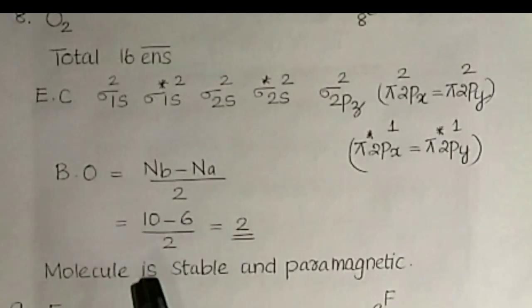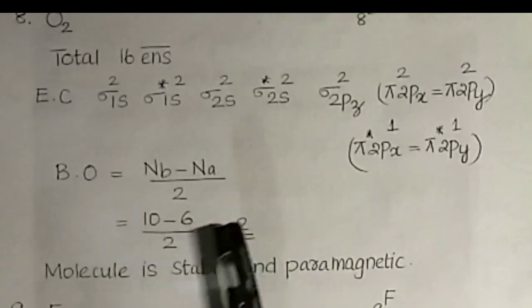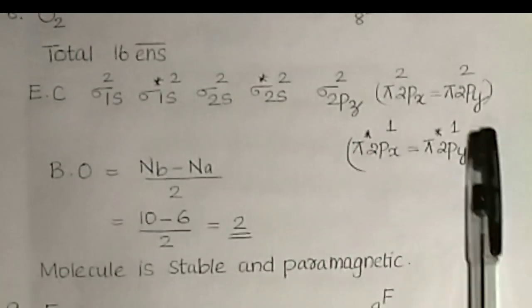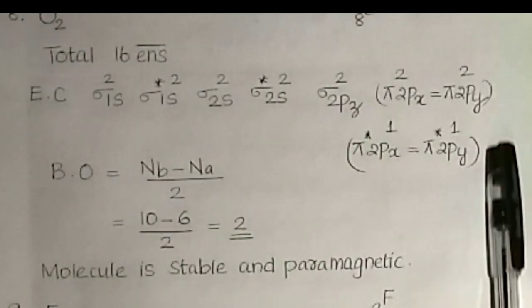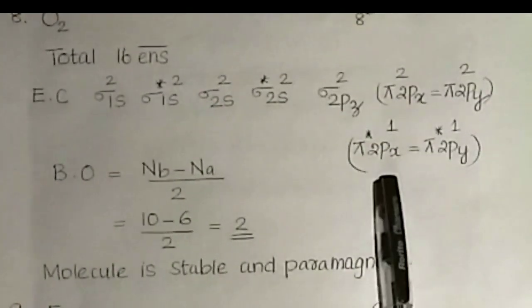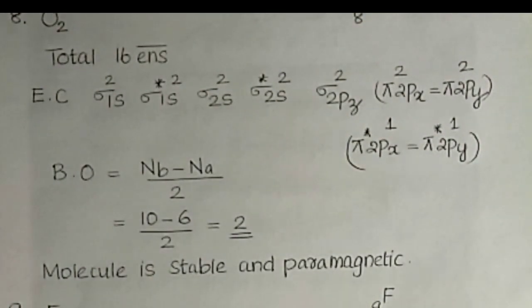So in the oxygen molecule a double bond is present, that is bond order 2. The molecule is stable and paramagnetic, because of the presence of unpaired electrons in the antibonding molecular orbitals. This molecular orbital consists of unpaired electrons, so it is paramagnetic in nature.